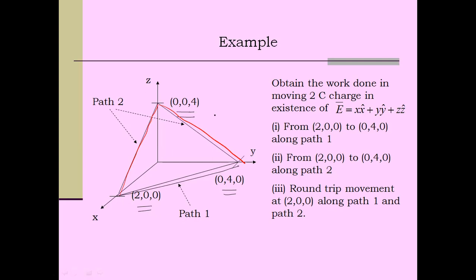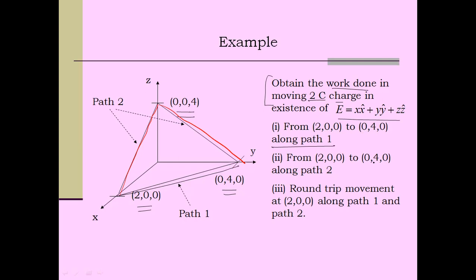The question asks us to find the work done in moving a 2 coulomb charge in the existence of this electric field intensity E, which is given in general form as x direction of x plus y direction of y plus z direction of z. If we take the first path from (2,0,0) to (0,4,0), labeled path number 1, what is the total work required in moving the 2 coulomb charge?